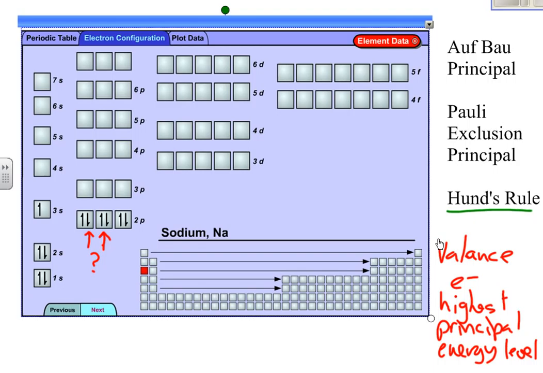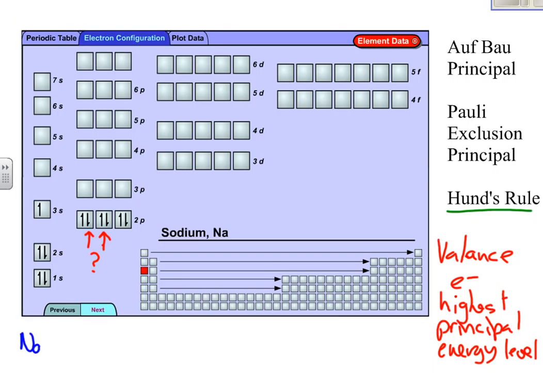At this point, it might be useful also to talk about the condensed electron configuration. So for sodium, the valence electrons are going to end up being the most significant part of these. So we could write sodium as 1s2, 2s2, 2p6, 3s1.